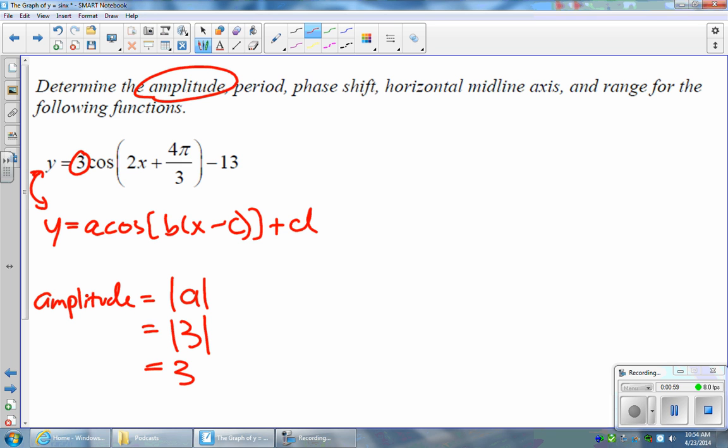Next thing we want to identify is the period. Remember, we're working with a cosine function, and my function is given in radian form because, as you can see, that is a radian there. So when we calculate the period for a cosine function, you go back to the formula: period is equal to 2 pi divided by the absolute value of b.